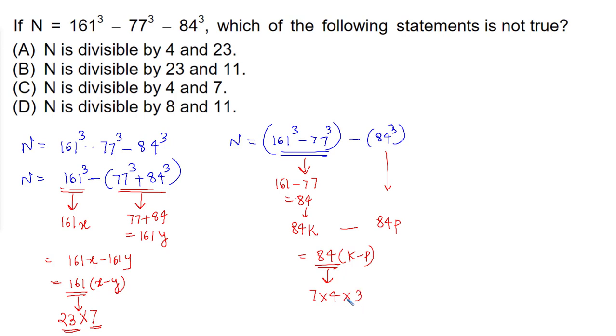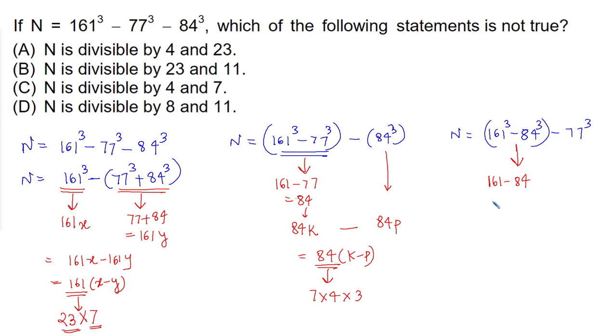Now is there any other way we can find more factors? Let's try. Can we write n as 161 to the power 3 minus 84 to the power 3, in a bracket, minus 77 to the power 3? Over here a to the power n minus b to the power n is always divisible by a minus b.